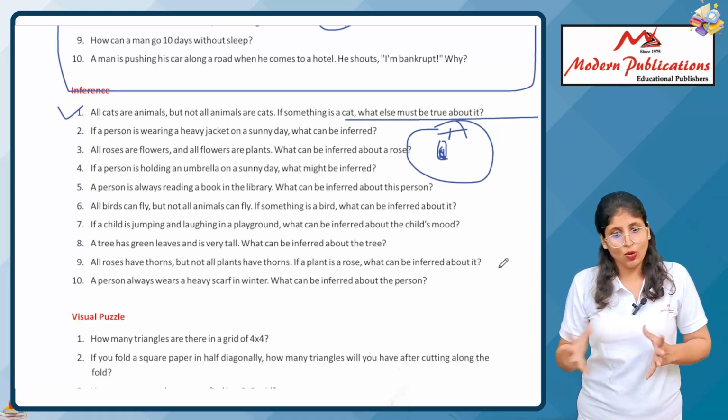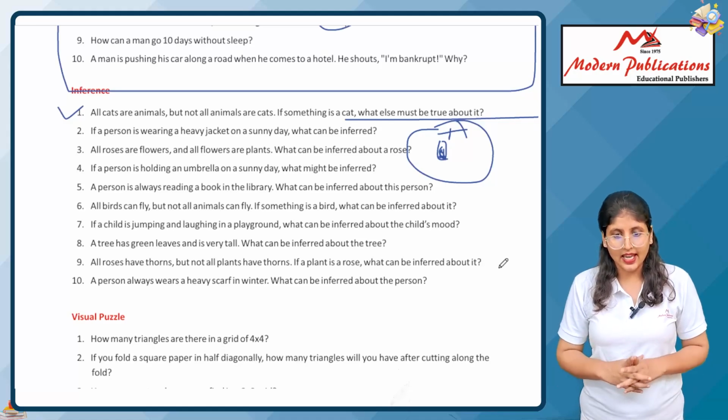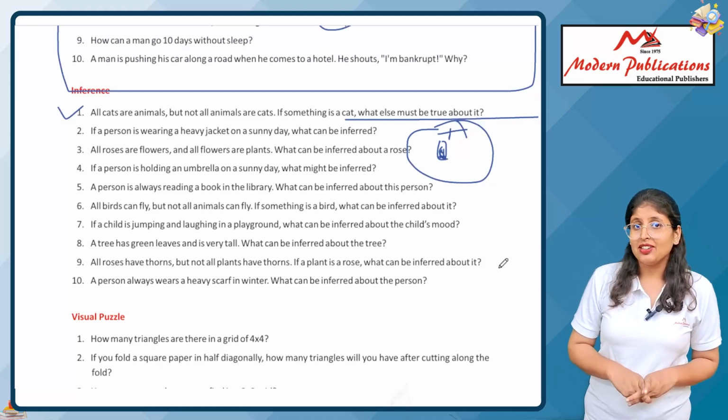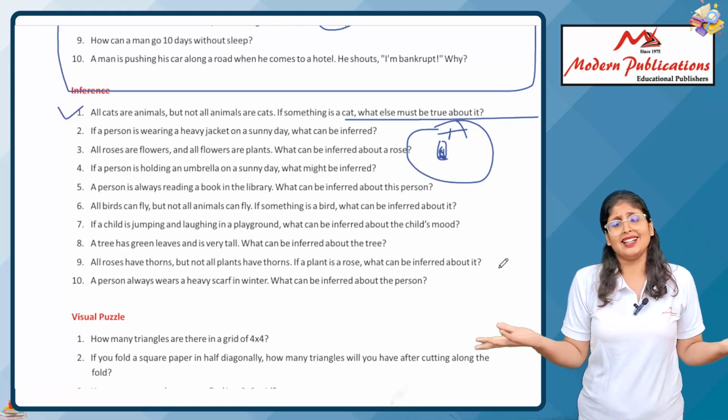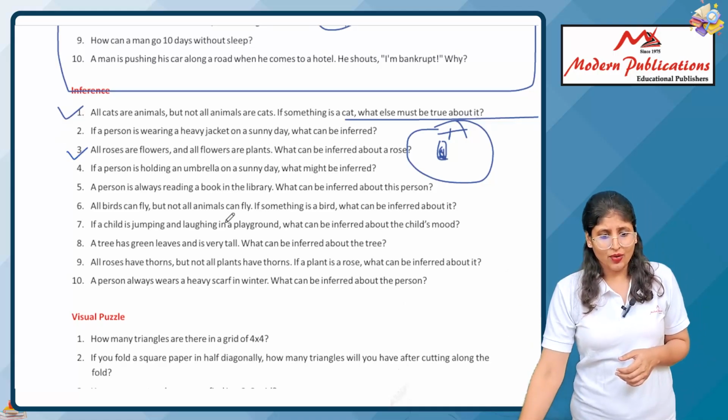It is true. Next, a person is wearing a heavy jacket on a sunny day. What can be inferred? Of course, they feel cold. Next, all roses.